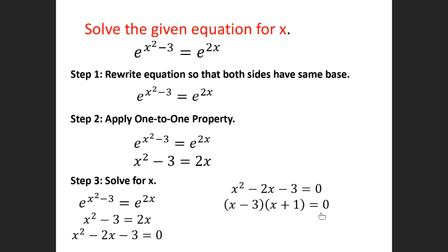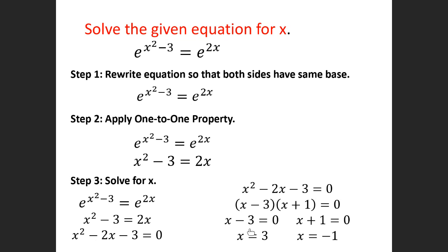Now I use my zero property. The only way that the product of two numbers becomes 0 is if either this part is 0 or this part is 0. So I solve for x. x minus 3 is equal to 0, or x plus 1 is equal to 0. And I find that x is equal to 3 and x is equal to negative 1.